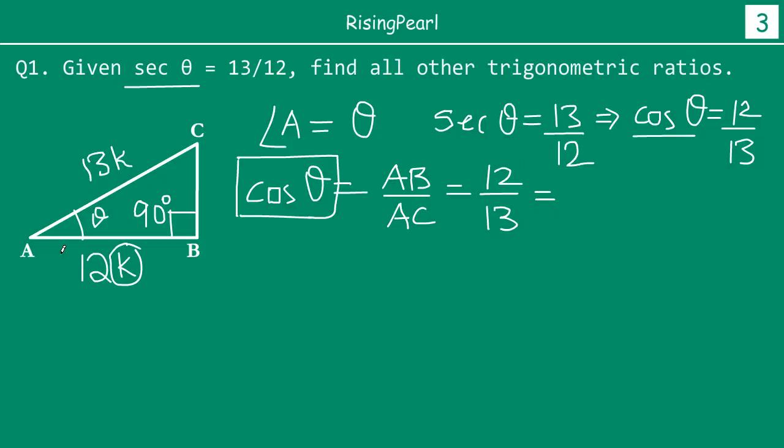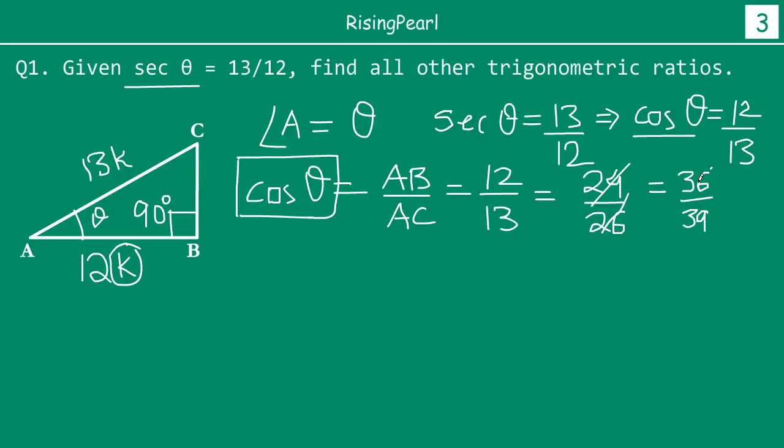Why cannot I write AB equals 12? Because AB, the exact dimension, can be 24, right? And AC actually can be 26. Imagine if these are the two dimensions, this ratio is still 12 by 13. Or AB could be 12 times 3, which is 36, and AC could be 13 times 3, which is 39. The actual dimension could have been 36 by 39.